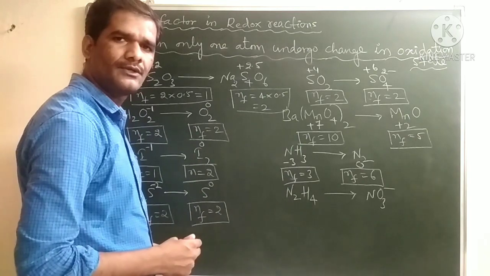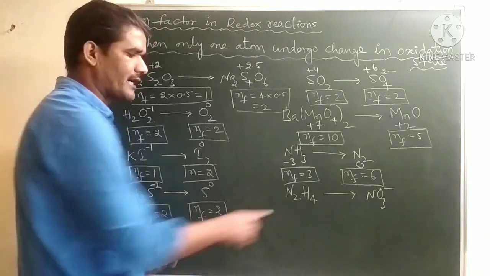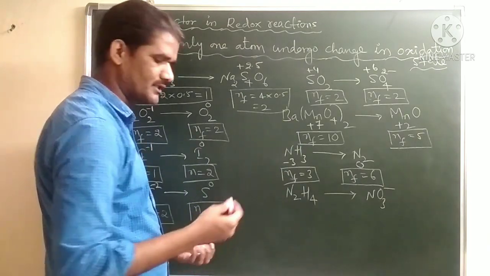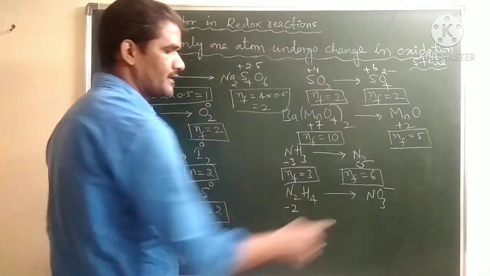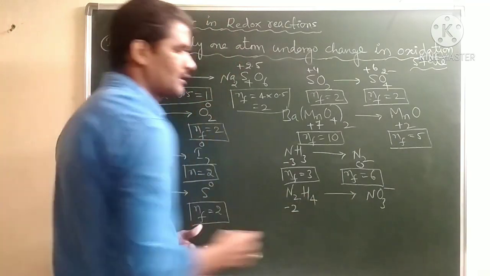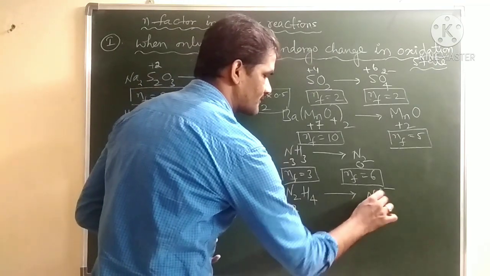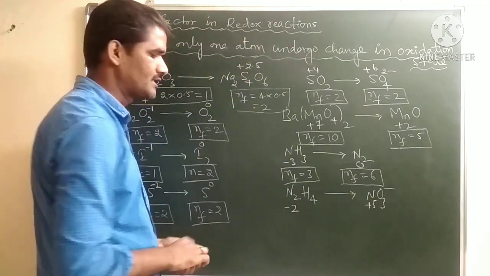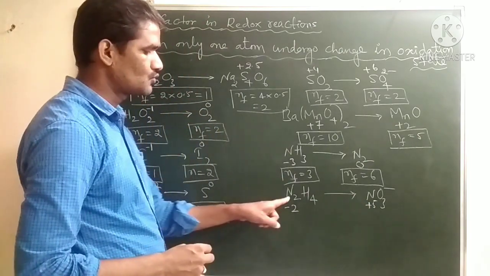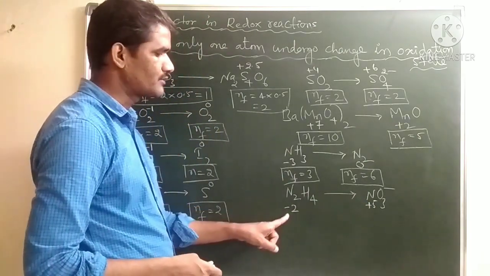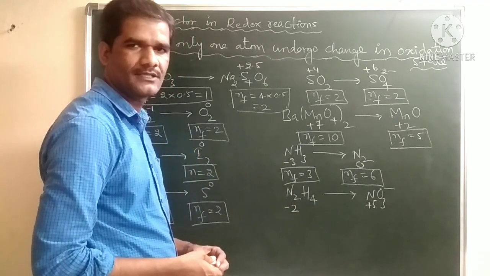And the last one, N2H4. This is hydrazine. Oxidation state of nitrogen is -2 here. And here in the nitrate ion, the oxidation state is +5. Now it is changing from -2 to +5. There are 2 nitrogens. For each nitrogen the change from -2 to +5 means 7.